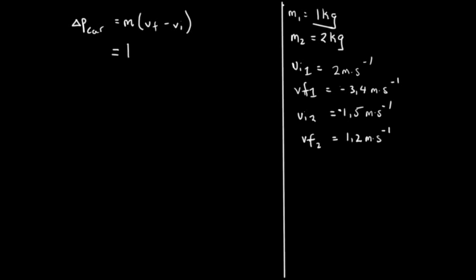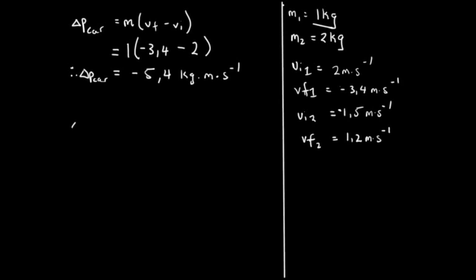So 1 kilogram times vf, negative 3,4 meters per second, minus 2 meters per second. 1 times negative 3,4 minus 2 gives us a final answer for the change in momentum of the car to be negative 5,4 kilograms meters per second, according to the impulse momentum theorem.